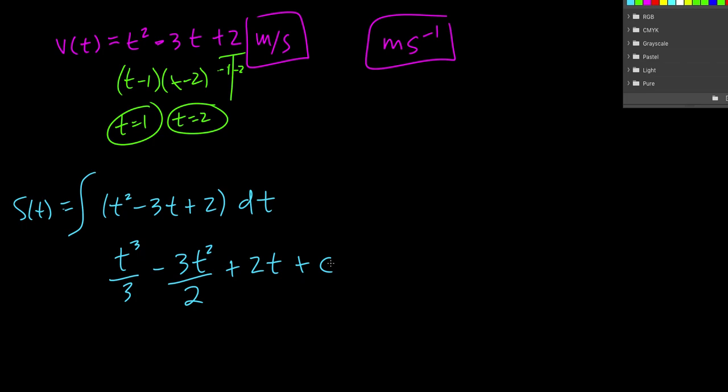Now we're going to assume that the initial displacement is 0. So if we look at s of 0, we're going to plug in zeros for all of this.